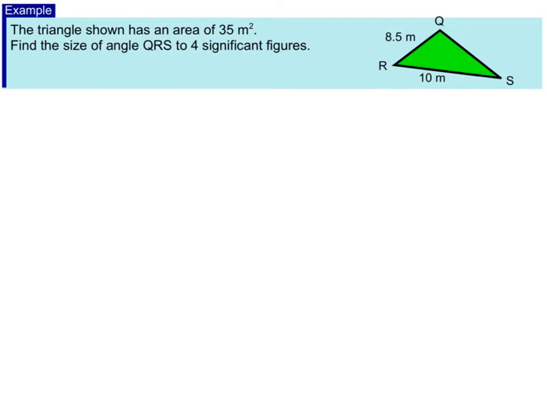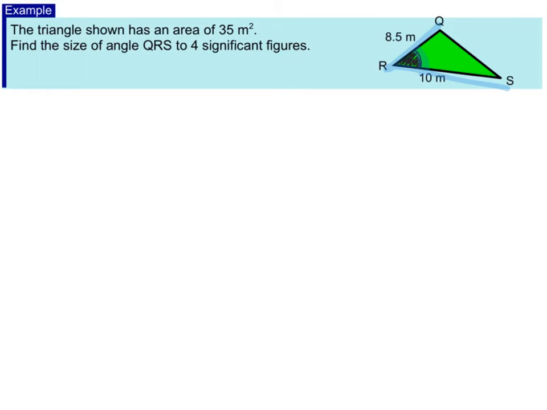So it's telling us the area. Find the size of the angle QRS. So it's this angle here. We've got the setup that we've had in the previous 2 examples. We've got a V shape and we are interested in the angle containing it.